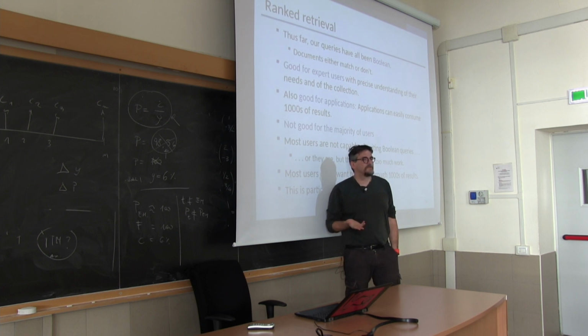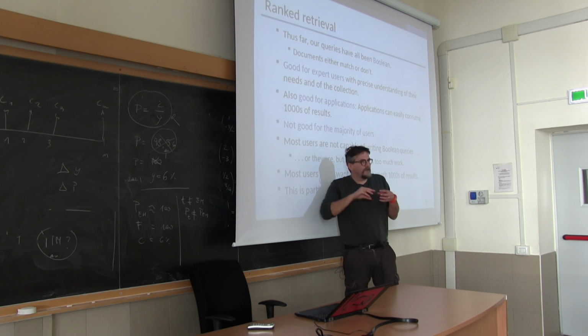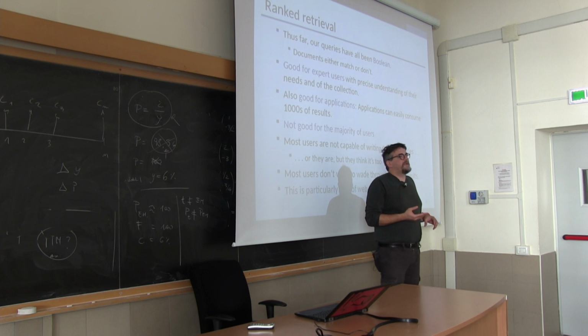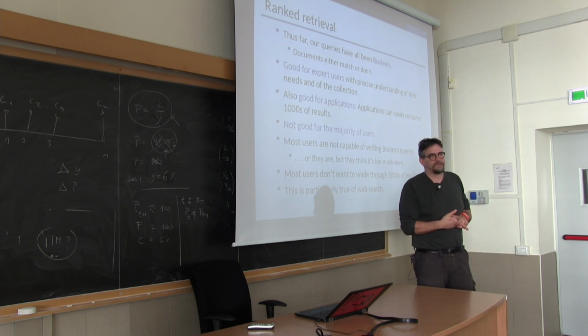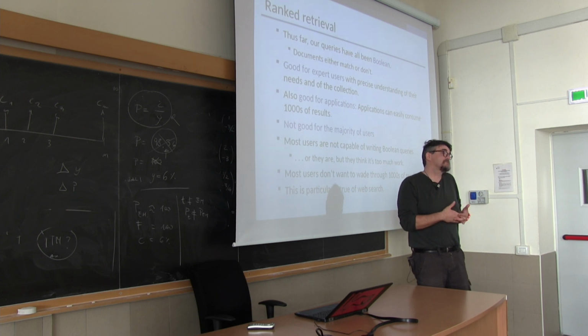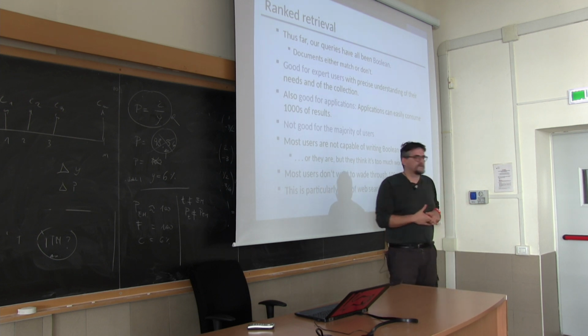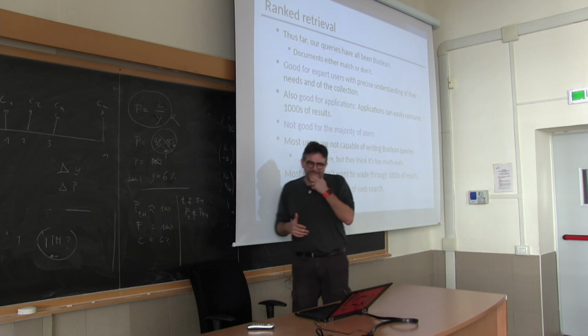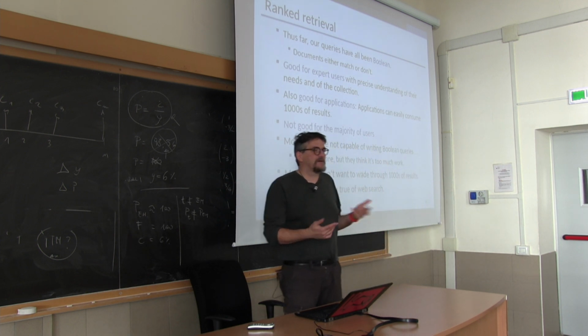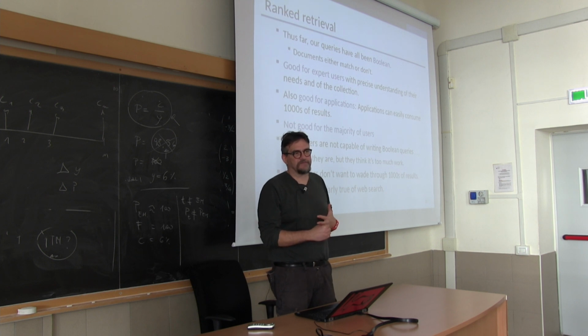If you have 1,000 results, it's almost impossible to select the ones that are more relevant for you, right? Unless you can dig into the query and reduce the size of the result set. But again, this requires usually some expertise. So the question is to what extent we can design a system that is more, I would say, friendly for common users. Okay?